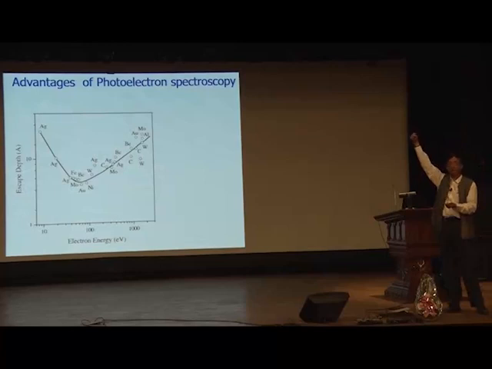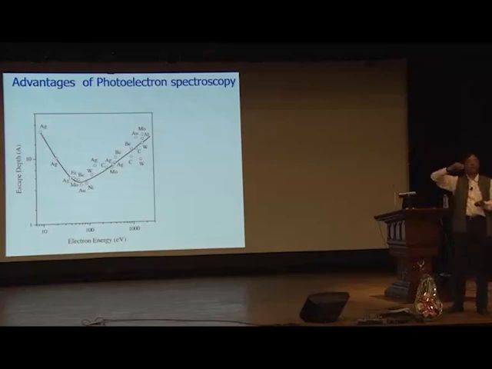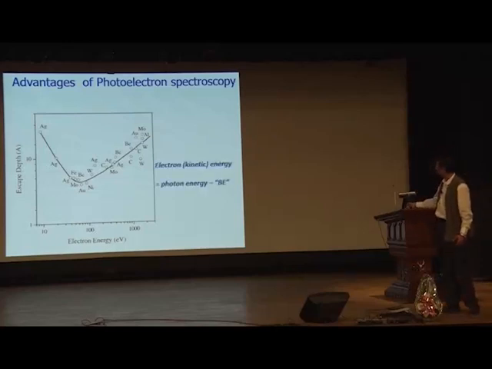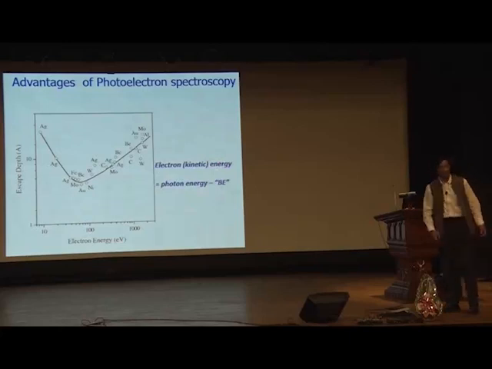It comes out in the vacuum with a kinetic energy, which is, of course, given by the energy conservation principle, which means the kinetic energy is equal to the photon energy that you give minus the binding energy that you need to overcome, and that's the equation that's given over here. So the kinetic energy of the electron that's coming out is given by the photon energy, which you know, and the binding energy of a particular core level of the element that you are trying to understand.